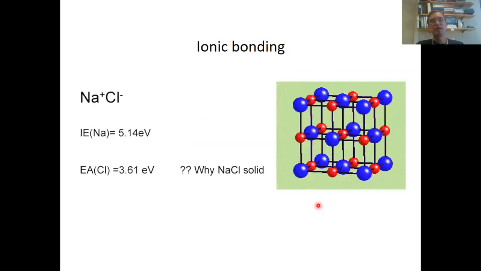Now let us look at bonding theories that can explain these three types of bonding: ionic, covalent, and metallic. So let us look first at the ionic bonding theory, keeping in mind that 100% ionicity can never be achieved for the reasons we just discussed, because 100% ionicity would mean infinite electronegativity difference, which is practically not possible.